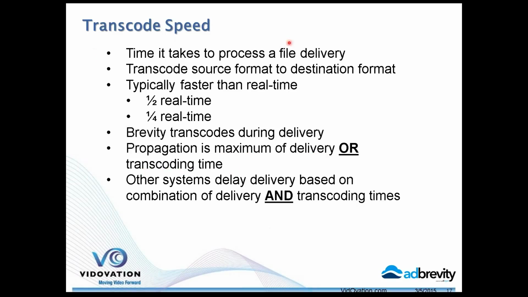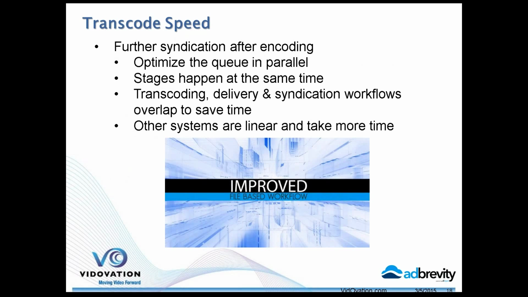Whichever one takes longer is going to be your overall transcode transport speed. I just want to make that clear. It's whatever process takes longer. The transcoding takes longer, or the delivery takes longer. But it's not the combination of both. It's one or the other, as opposed to and.